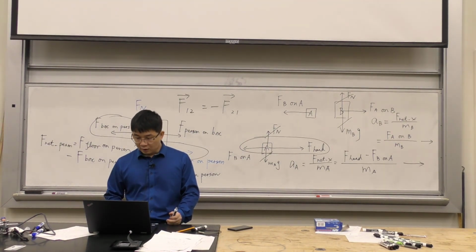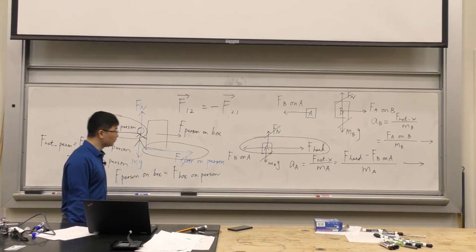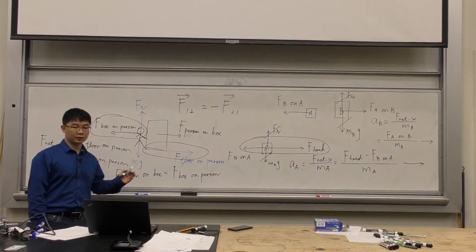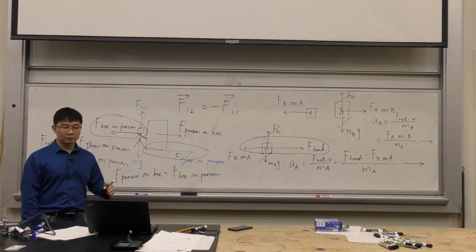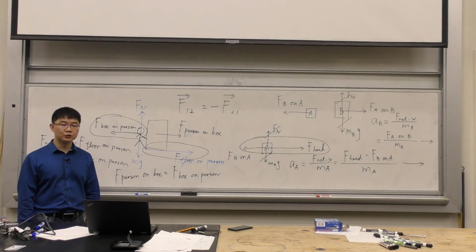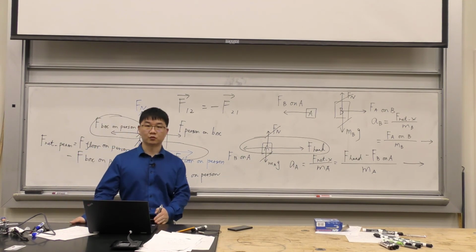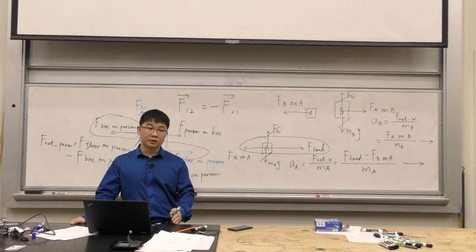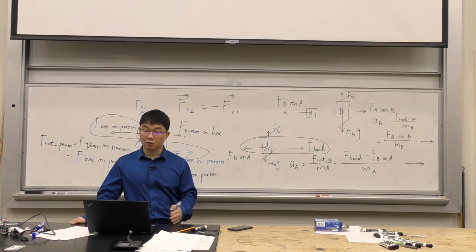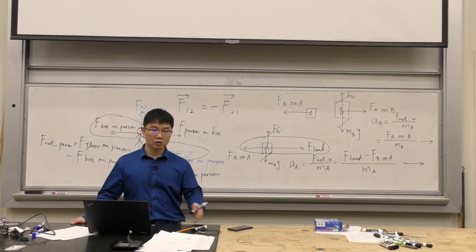Now, because we have learned action and reaction, sometimes people are going to confuse action and reaction forces with balance forces. Why? Because balance forces are also equal, right? They're also in opposite directions.